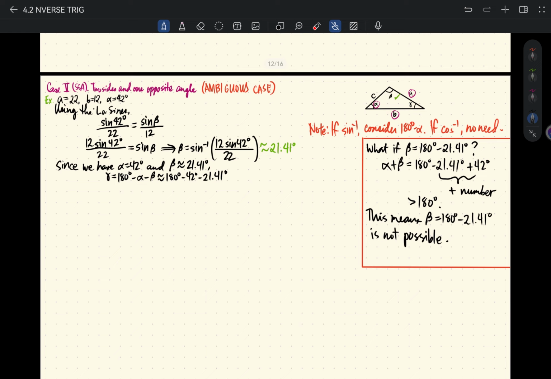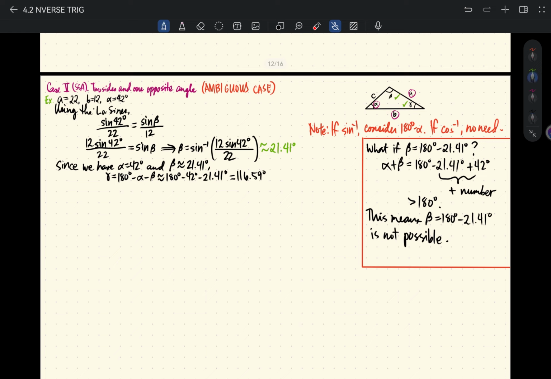This will give us 116.59 degrees. Okay, so now we have gamma.